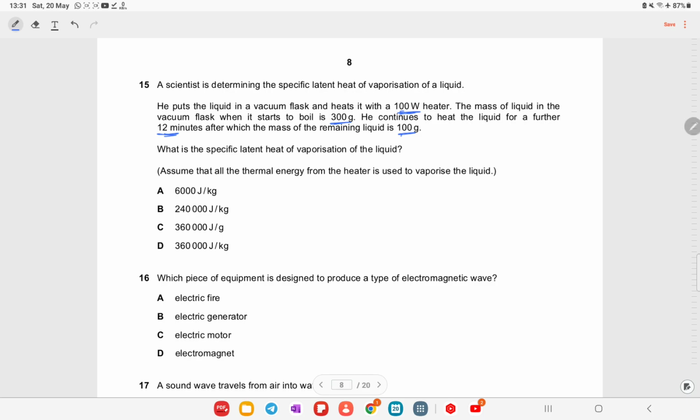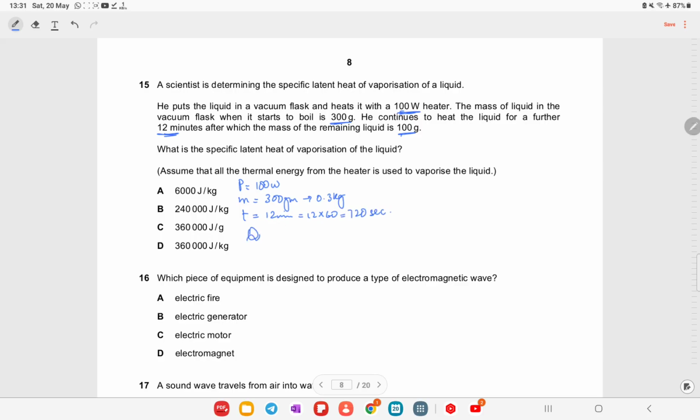So first of all, we will look at what is given. We have power, which is 100 watts. Then the mass, which is 300 grams, so we will convert that into 0.3 kg. Then the time, which is 12 minutes, so we will again convert into 12 times 60, which is 720 seconds.